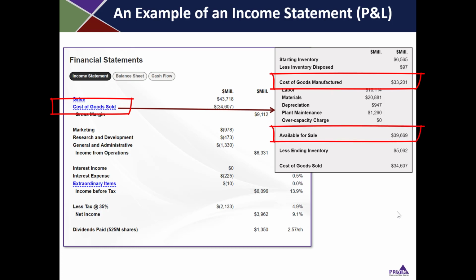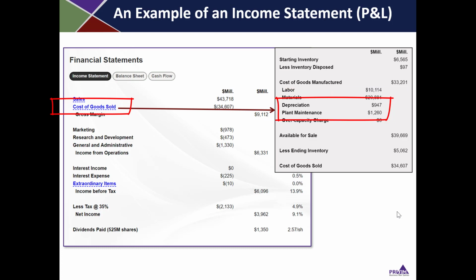And in this example, you'll notice that depreciation and maintenance are being allocated to COGS as well. Although many times companies show these costs separately after the gross profit line item. But depreciation is an expense for the tangible fixed assets that you use to make the stuff that you sold. Things like plants, equipment, tools, things like that.